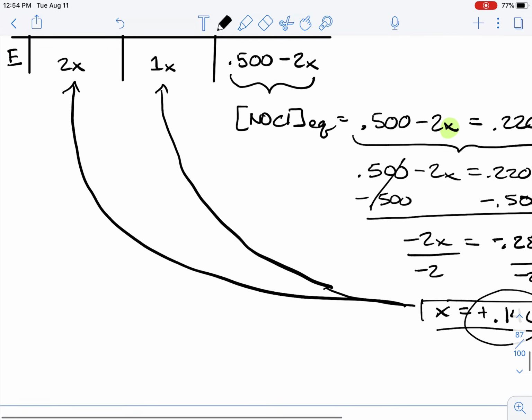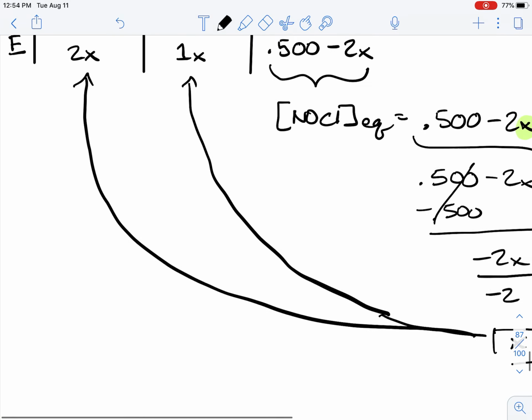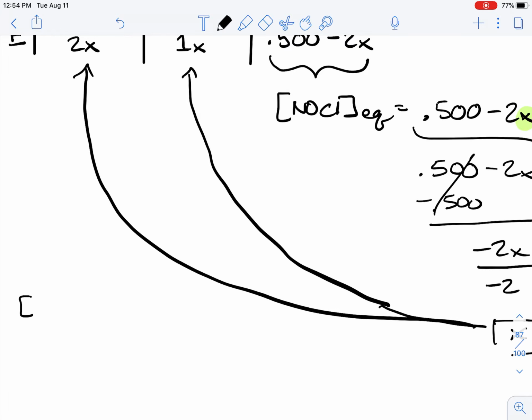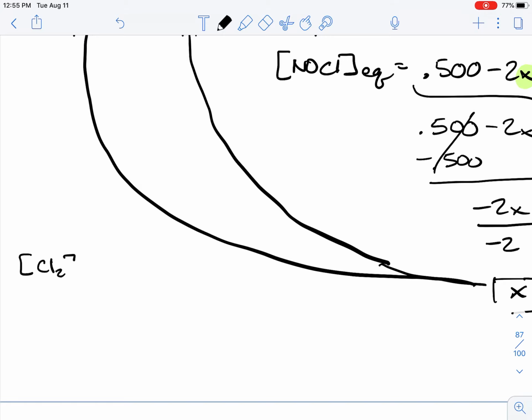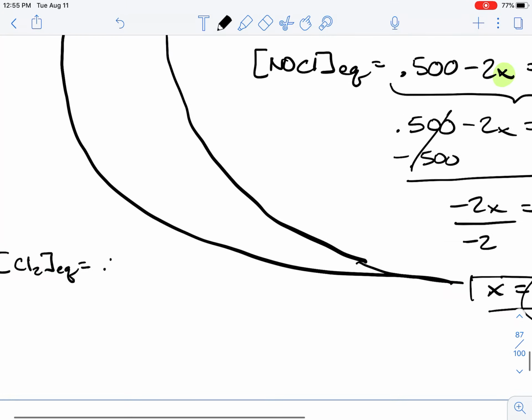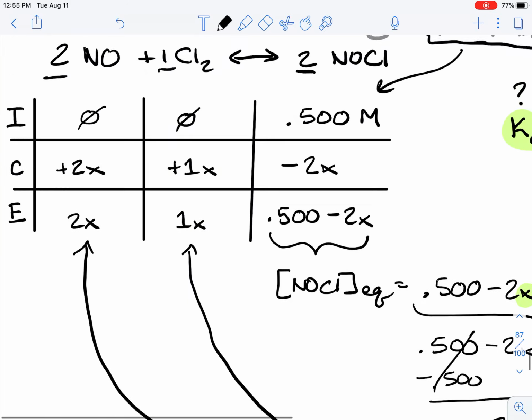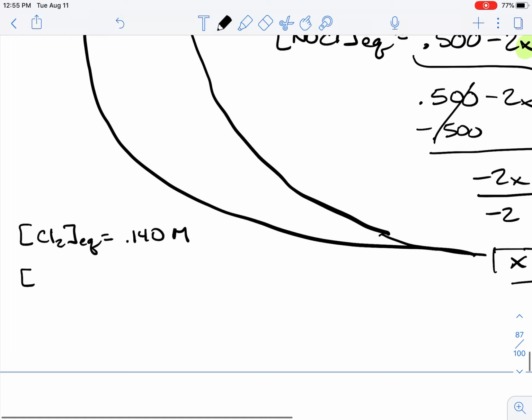And so then this tells me that the equilibrium concentration for Cl2 is 0.140 molar. And this also tells me that the equilibrium concentration for nitrogen monoxide is going to be defined as 2x. That's going to be 0.280 molar.